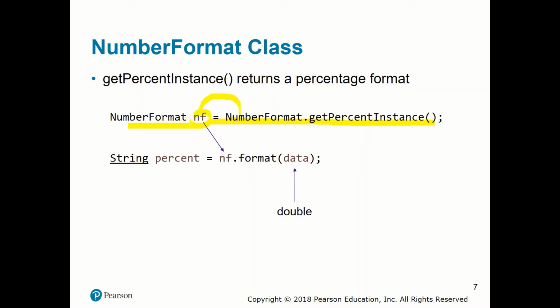So nf will have that. And using nf, you call the format method. And here you need to input data. This should be a double. Then the value will be converted to percent information, and the percent information will be in string format.